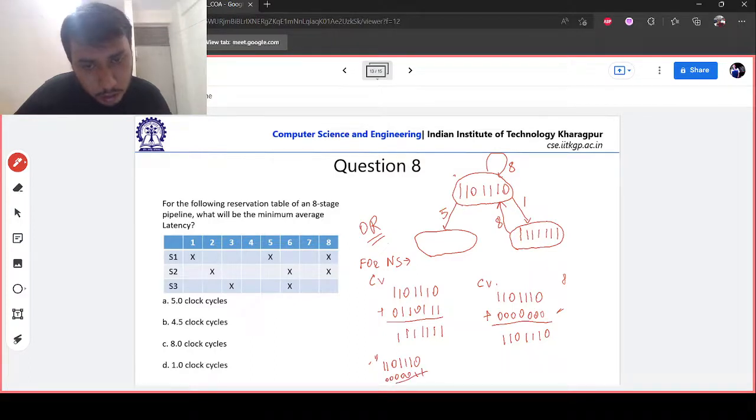If we OR it, it will be 1, 1, 1, 1, 0, 1, 1. So this will be the state.